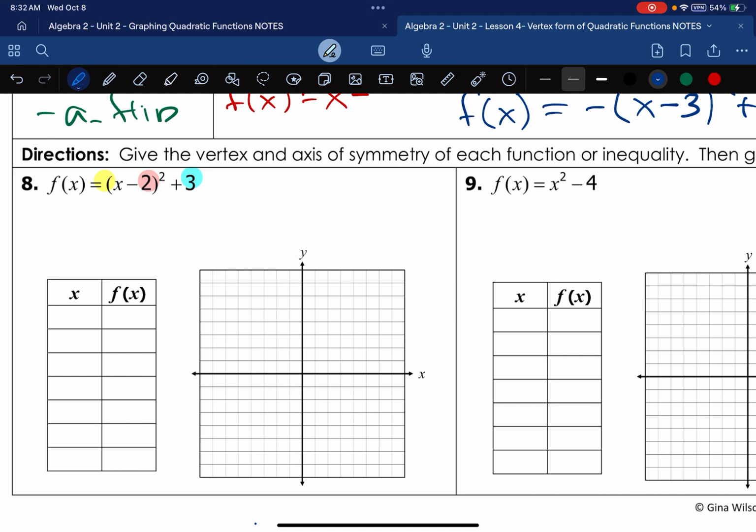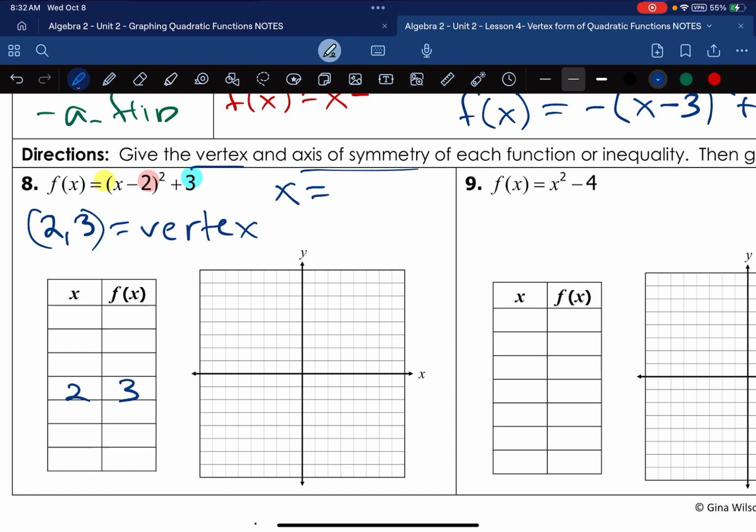So H comma K is 2 comma 3. Remember, the form has a minus in it, so I'm not taking the negative 2. I'm going to take the positive 2, the number that is in the place of H itself. So my vertex is 2 comma 3. 2 comma 3 goes in our table. Our axis of symmetry, it says give the vertex and the axis of symmetry.